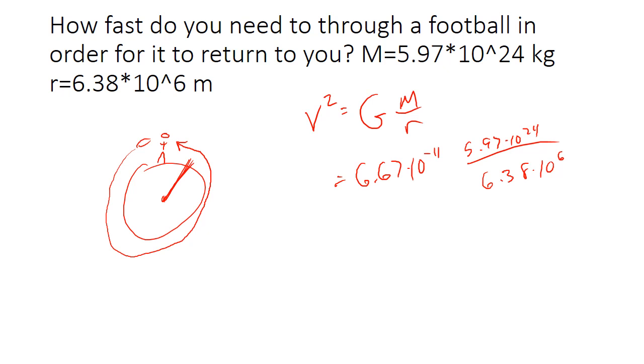Alright, let's solve this here. 6.38 times 10 to the 6. I just used the old entries because we're still on Earth. To the square root. So you are going to have to throw the football at 7,900 meters per second, thereabouts, which is very fun, isn't it?